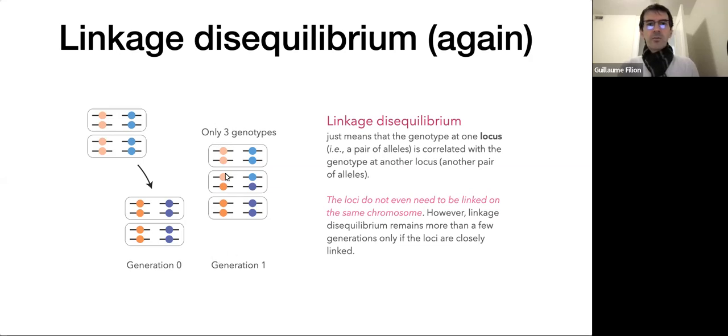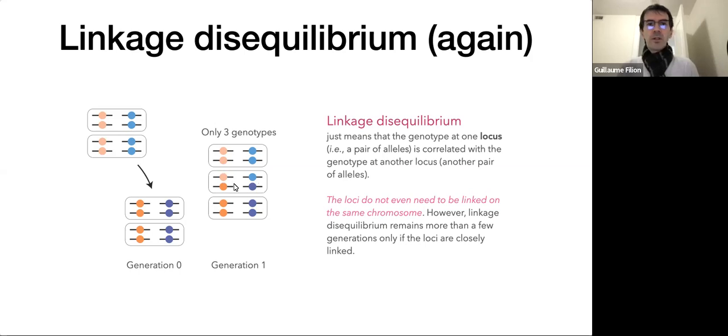After generation 1, you can make only 3 combinations. Either you're double homozygote, double homozygote the other way, or double heterozygote. You cannot be anything else. If you combine these genotypes that are on the left, you can make only these 3. So if you know that you're heterozygote at the orange locus, you also know that you must be heterozygote at the blue locus.